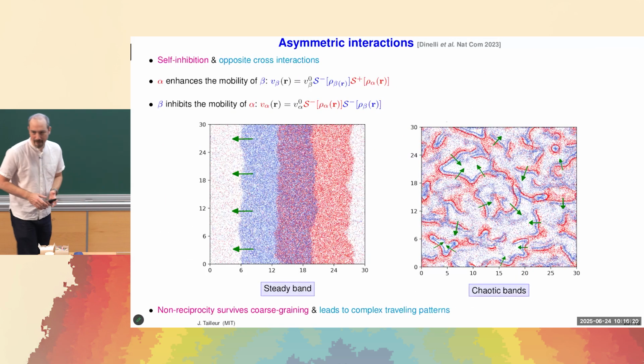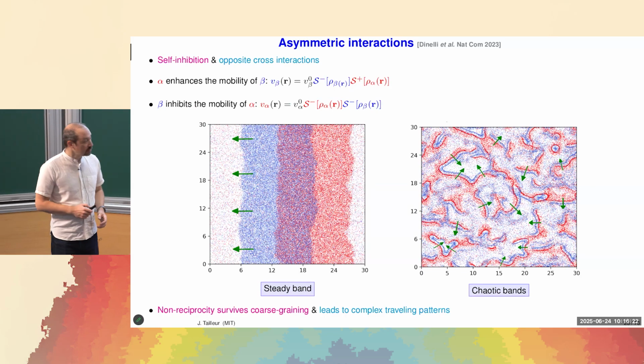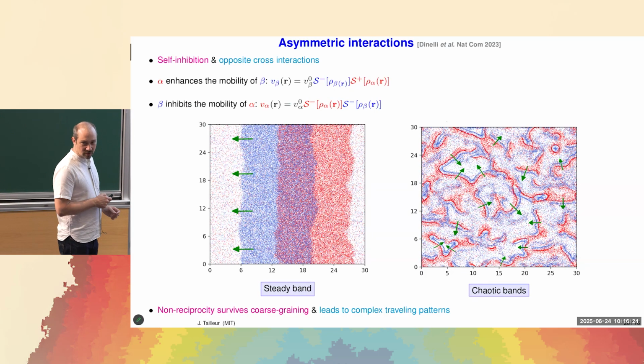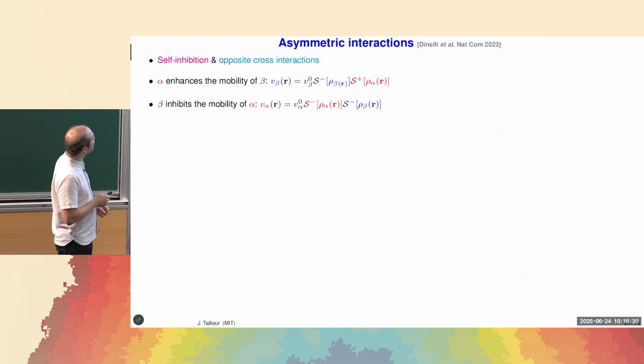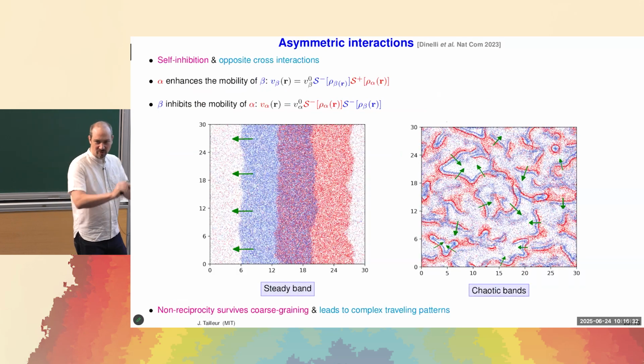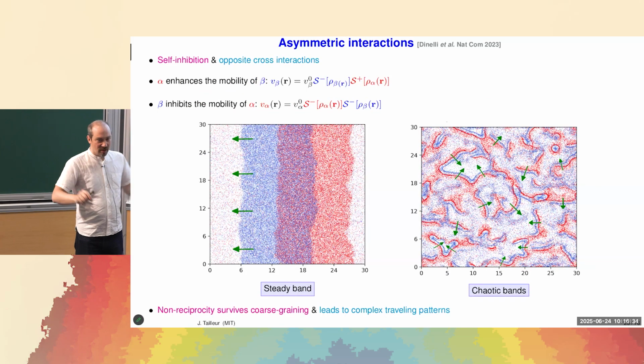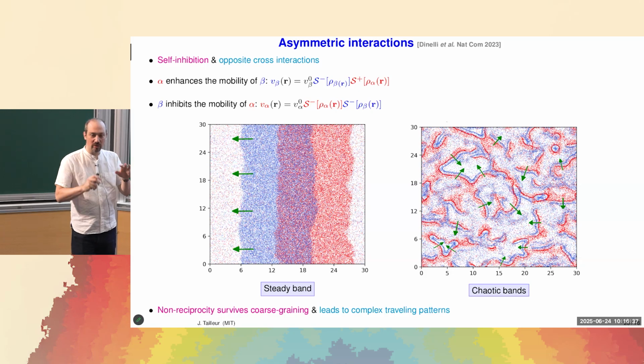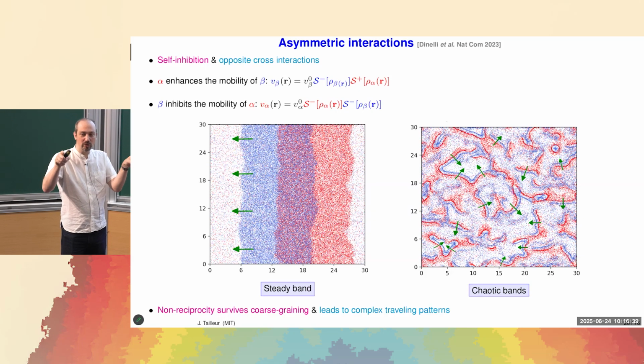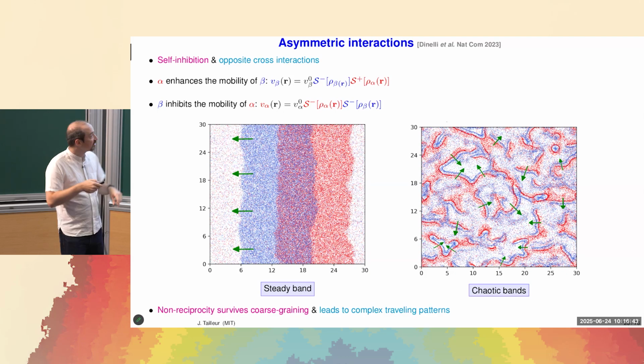Okay, so can you explain how this relates to what you said? Okay, so what I have here is two species of my run-and-tumble bacteria. Each bacterium is measuring the local density of its peers and of the other species.